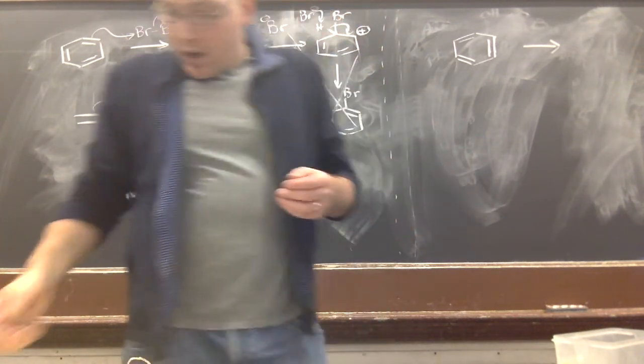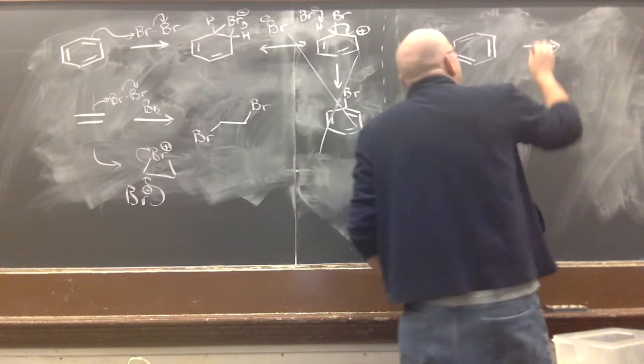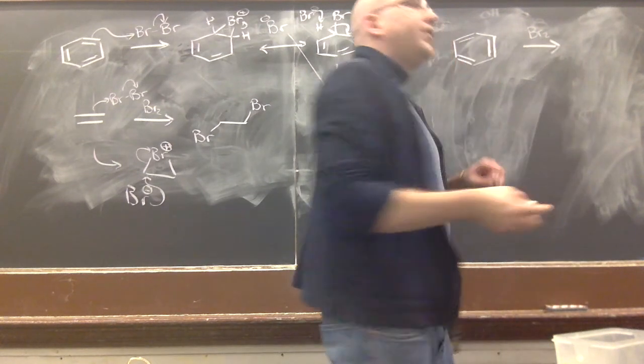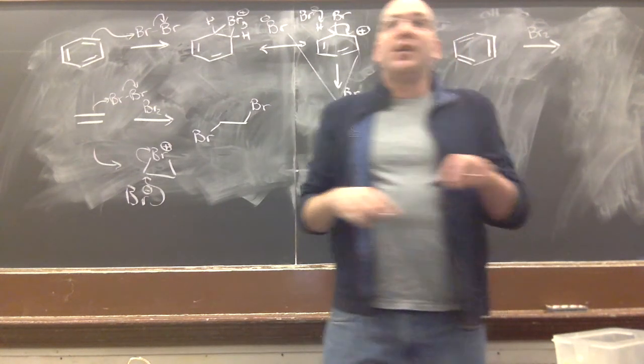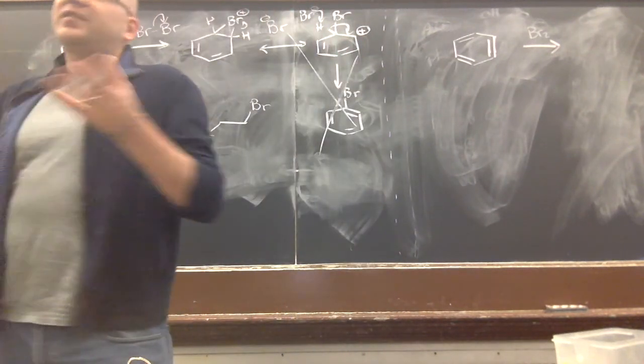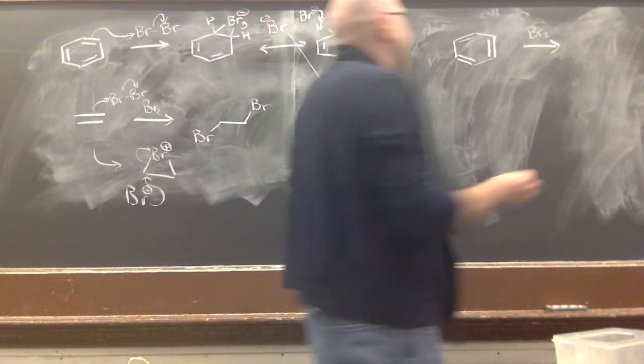And so what you'll generally do here to get this transformation to take place is use bromine, but give it a Lewis acid as well. The common Lewis acid, sometimes you'll see aluminum trichloride used for some of these other things, but oftentimes what we'll see is iron tribromide, for example.